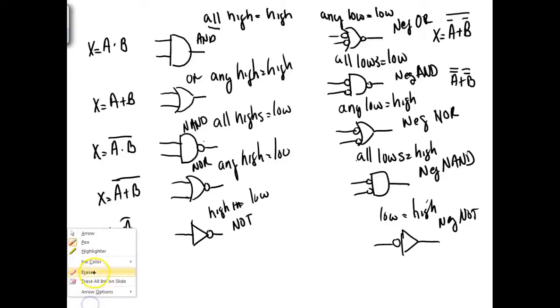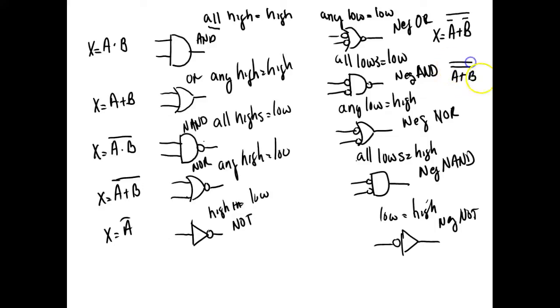Or if I came up with this, that would be a double negative, and that would turn into a positive. But this is not a double negative, right? You understand? Yes or no? That means these don't cancel each other out.